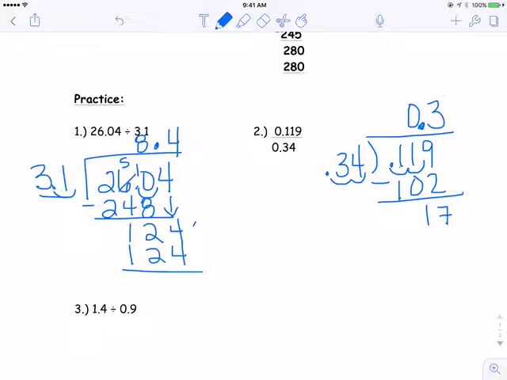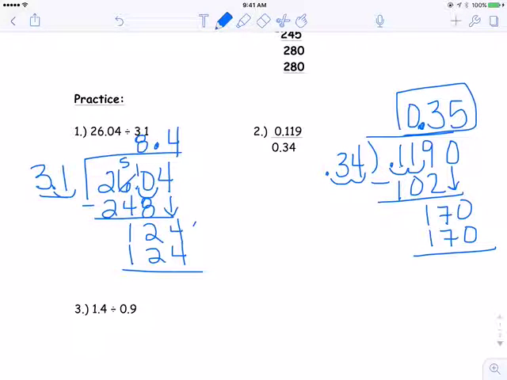I don't want to put a remainder because I want to get a decimal answer. So I'm going to add a 0 and bring that 0 down. 34 needs to go into 170. It goes in there 5 times, which is 170. So the answer to the division is 35 hundredths. That is our final answer.